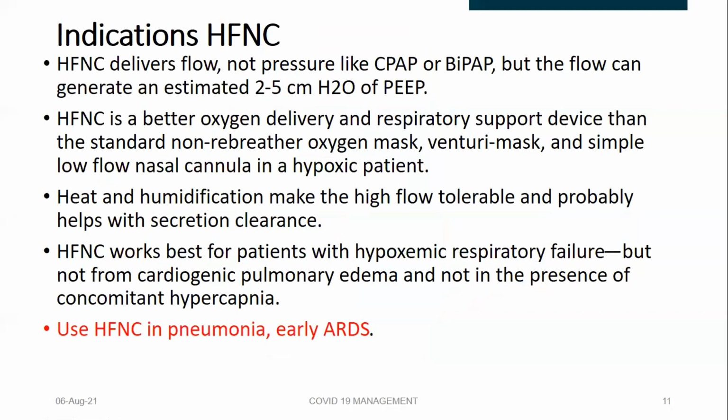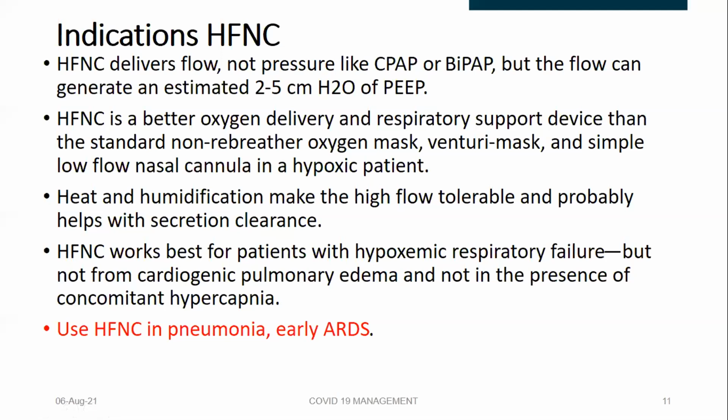So what are the indications? One, as I said earlier, we know that you generate very low PIPs, 2 to 5 centimeters. And due to that reason, high flow nasal cannula is an escalation from a non-rebreather mask or a Venturi mask in a hypoxic patient. So any hypoxic patient would be a candidate. But there are a few exclusions.